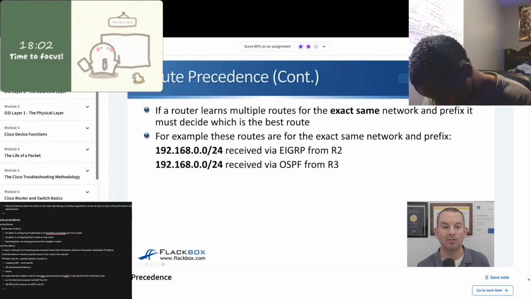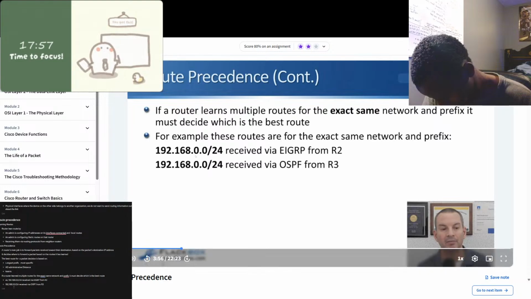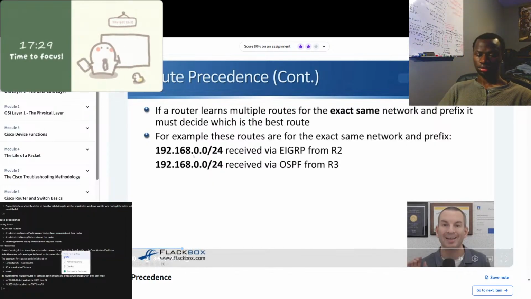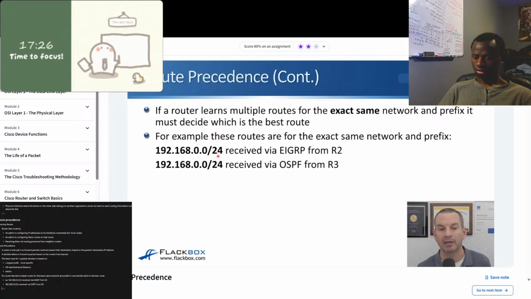So when I say the exact same, I mean the network is exactly the same, 192.168.0.0 in this example, and the prefix is also exactly the same, /24 in this example.